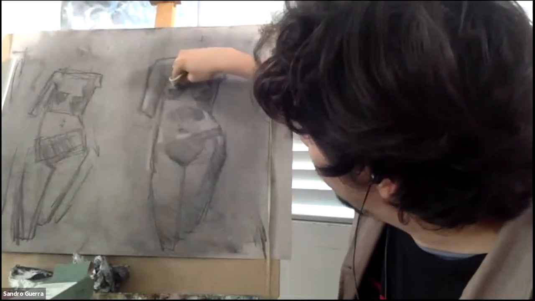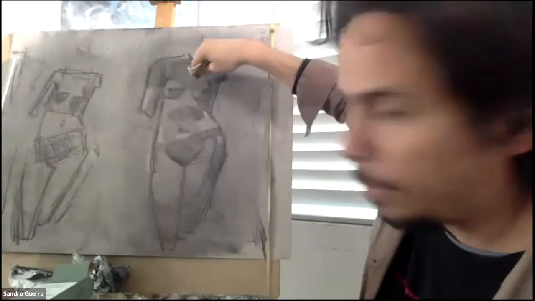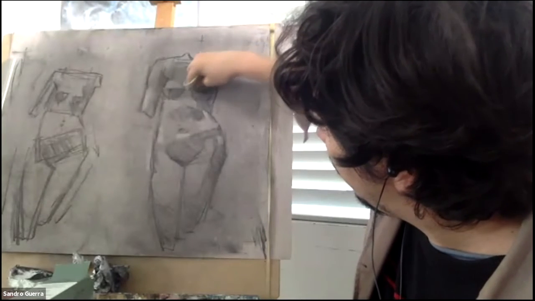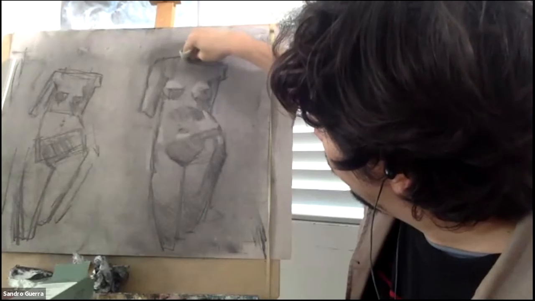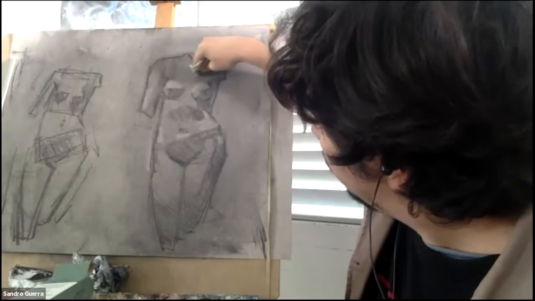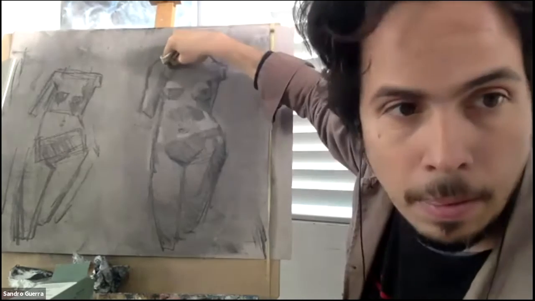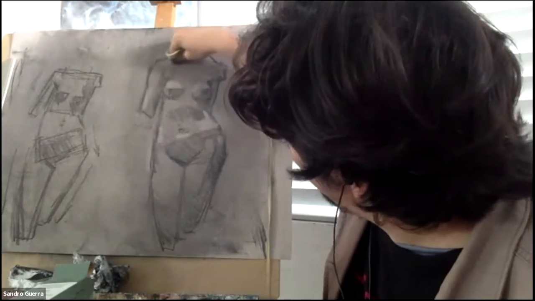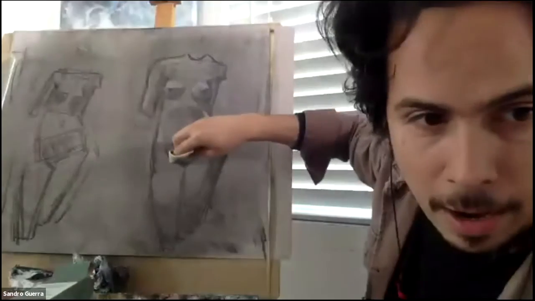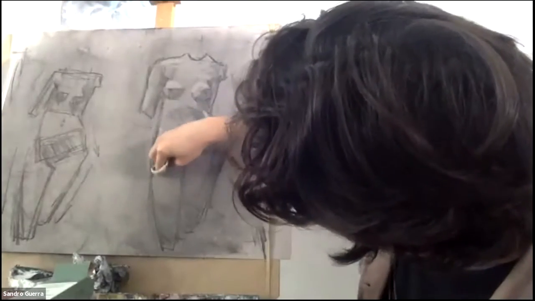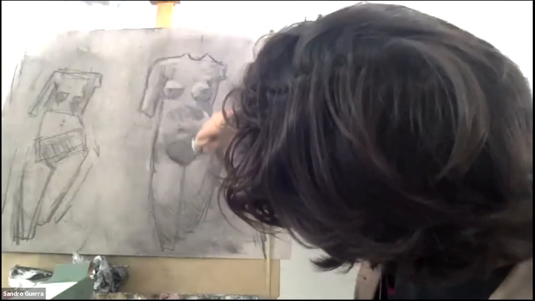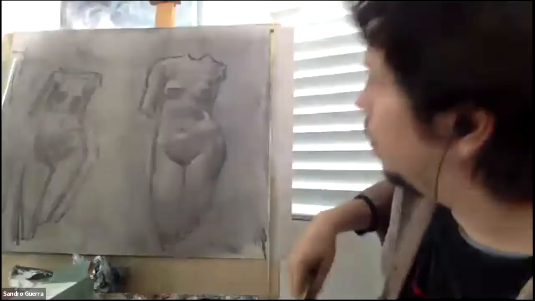Big light above the breast, on the breast, on the top part. Big light on this part of the breast. Big light all over here. And there's also some light here on this side of the leg and here on the side of the pubis.